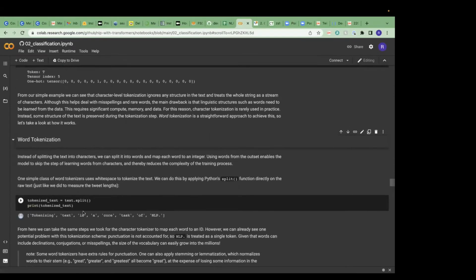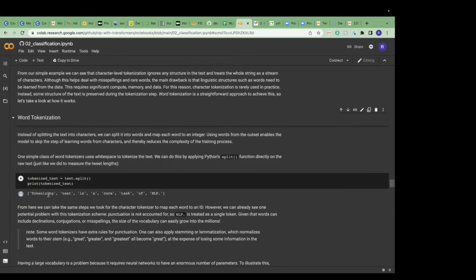And then there's word tokenization, so splitting up sentences or text by white spaces, and then you have a vocabulary of words that have labels, and then you give each word a label and feed that into your token embeddings.